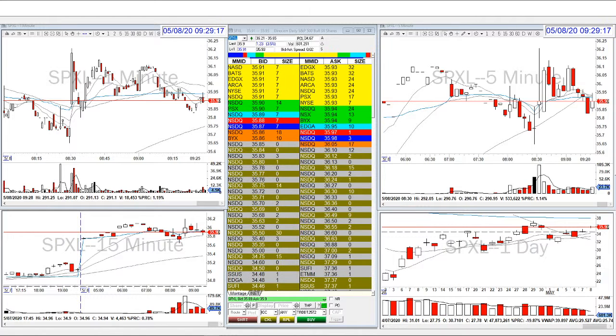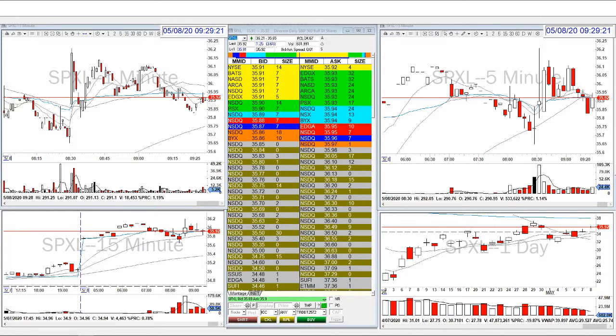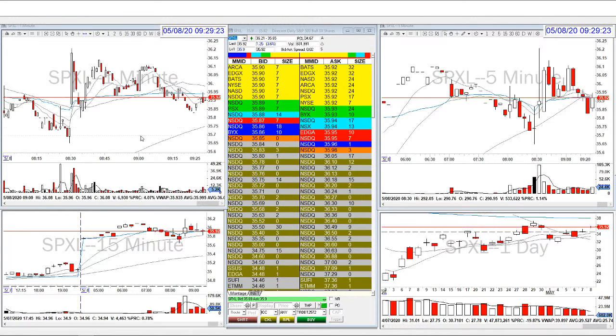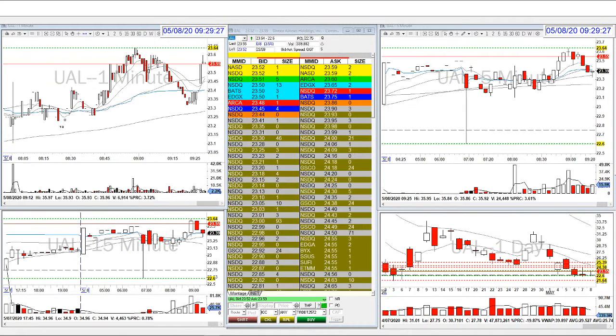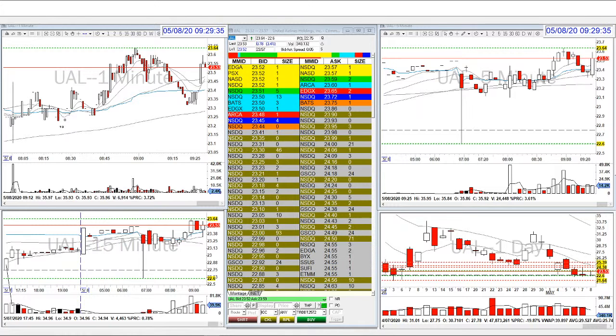Okay, so less than a minute to go. CCL, UAL, let's see, most of the time chart. Looking at the volume, NCLH seems to have a heavy volume.